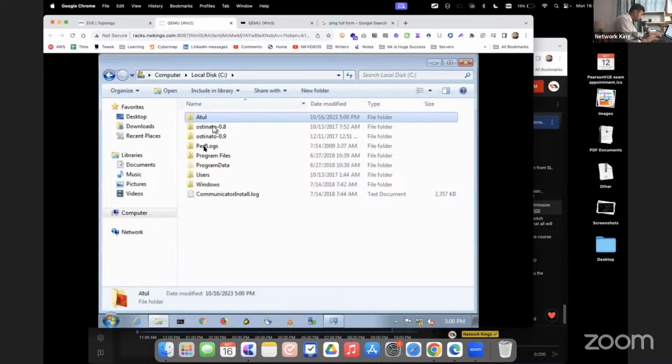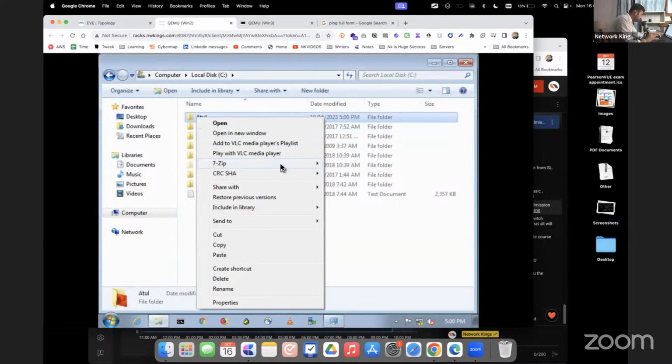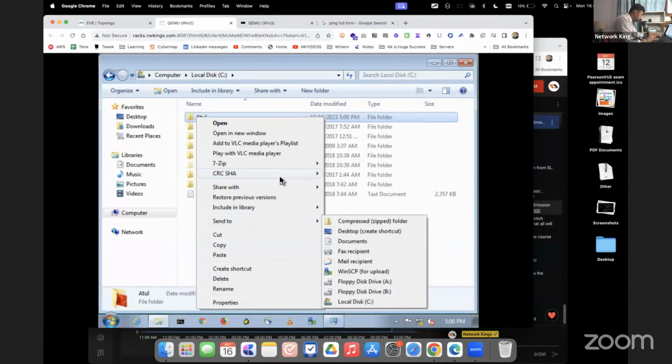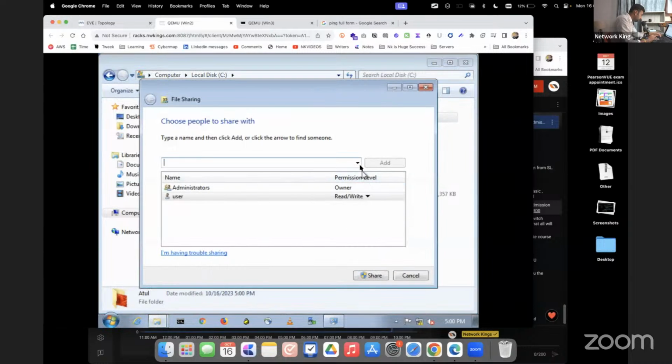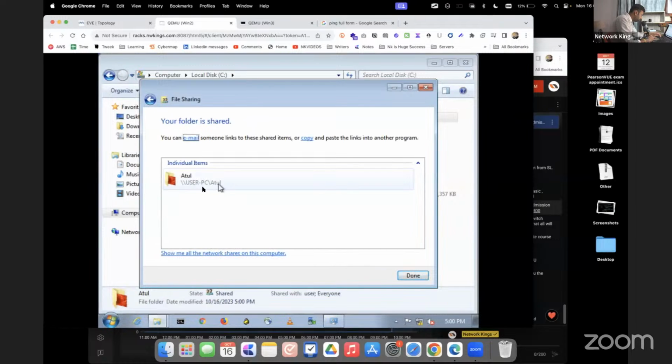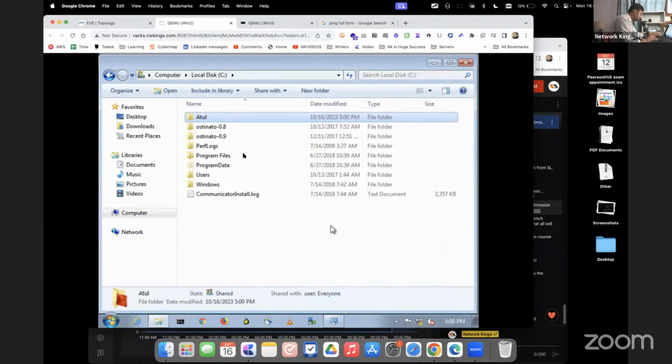Now I share this folder, share with specific people, go to everyone and add. Just give a read permission, it is okay, share. Now the folder is shared.